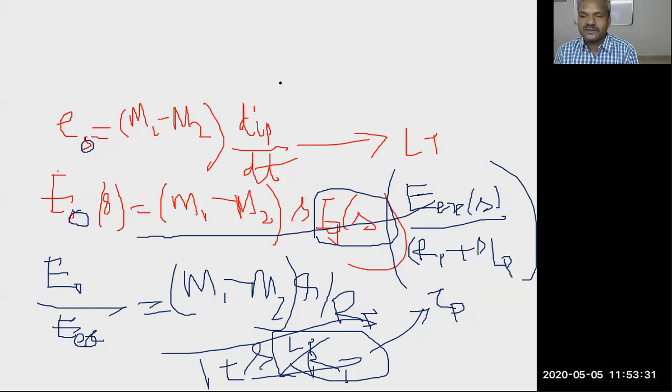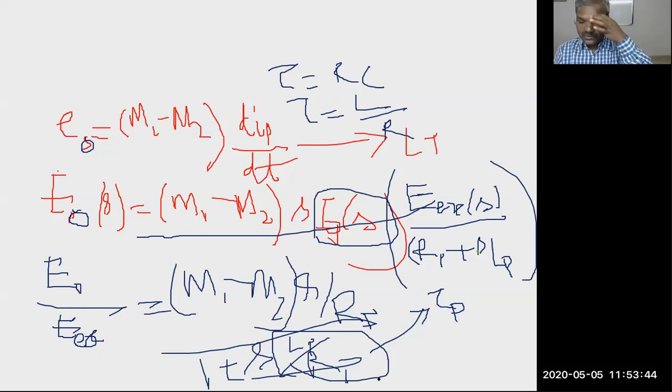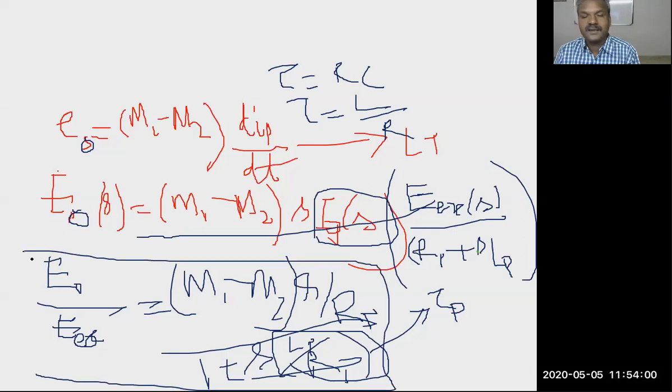So the time constant of the electric circuit, tau equals RC for an RC network, and tau equals L by R for a resistance and inductive network. So tau P equals LP by RP. So it is M1 minus M2 into S divided by RP, divided by 1 plus S tau P. This is the transfer function model of the LVDT when there is no load condition.